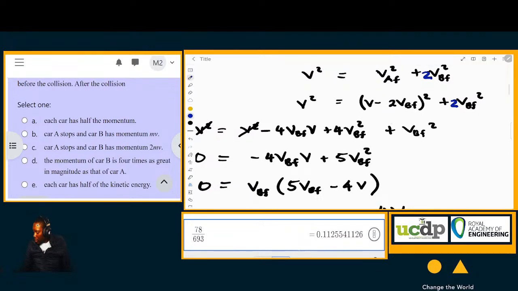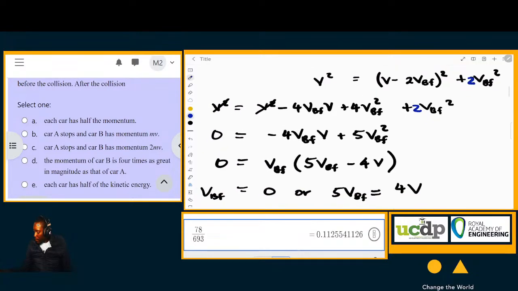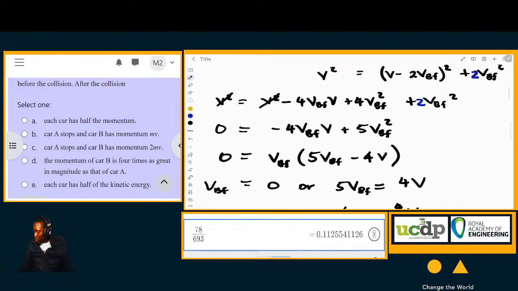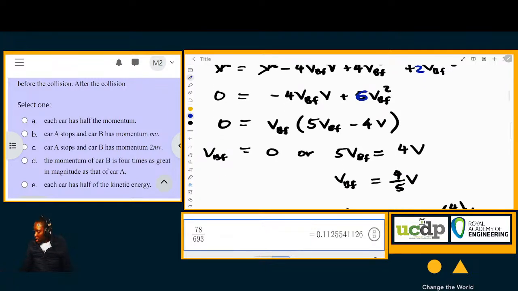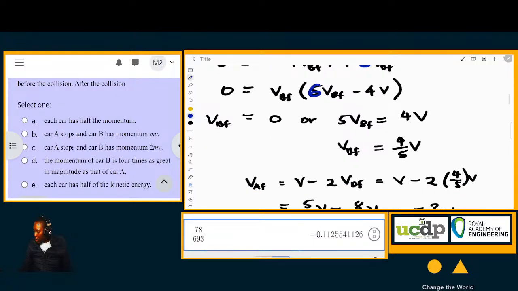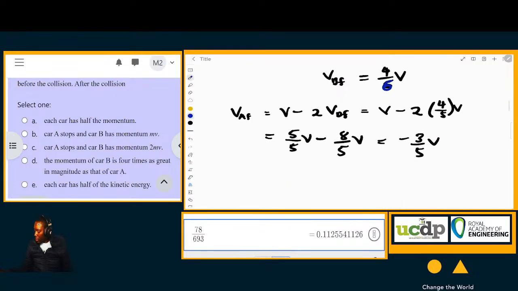What does it mean? We have 2 there. And 4 plus 2 makes this one 6. And that's 6 there. That's 6 there. And 4 over 6.